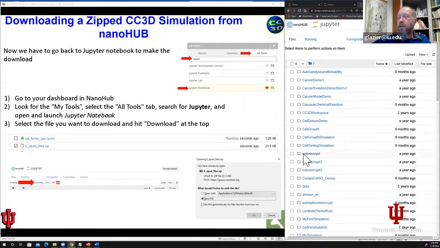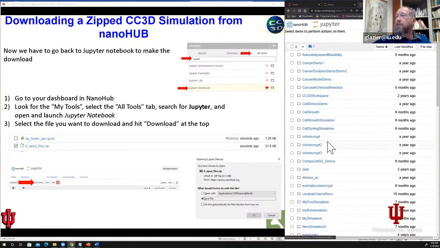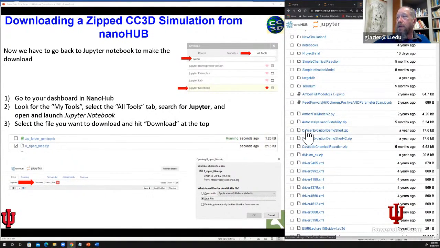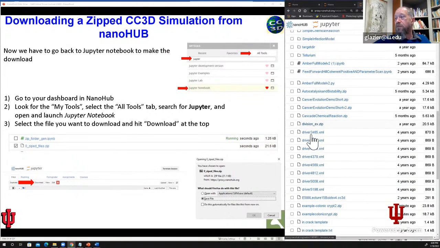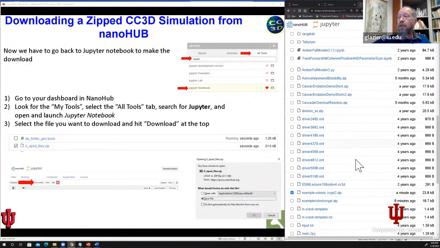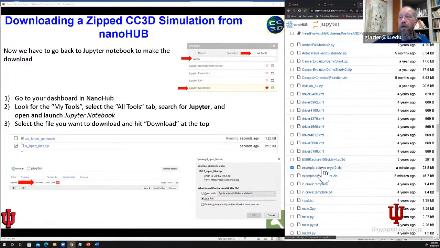I can now select colonic crypt here. I need the zipped one. Let's see where the zipped one went. Here. I'll pick one of the zipped files. Doesn't matter. Here it is. This is the new one. Here. Example colonic crypt. I click on that.